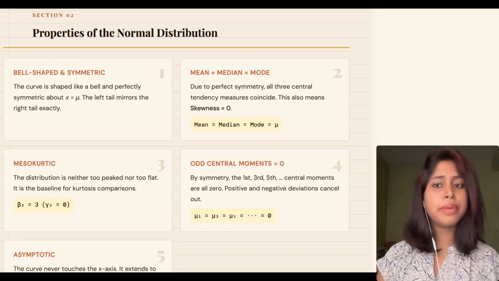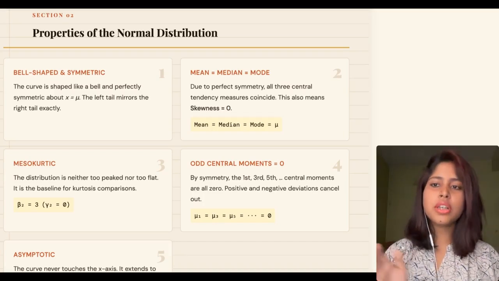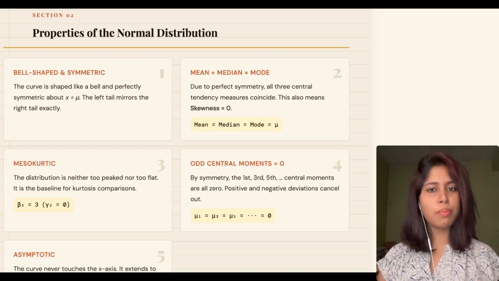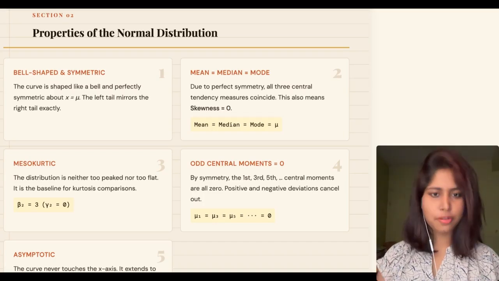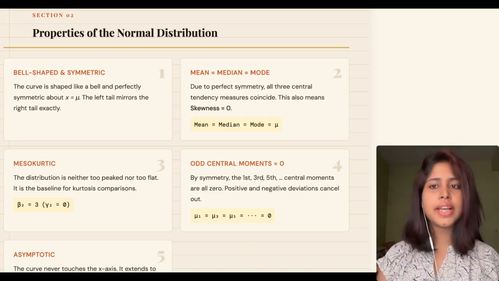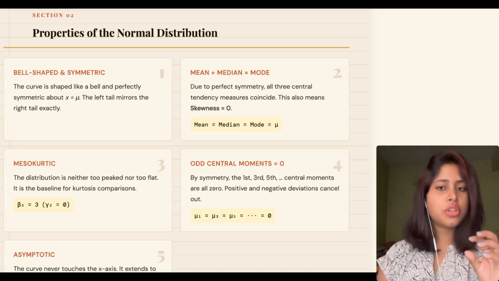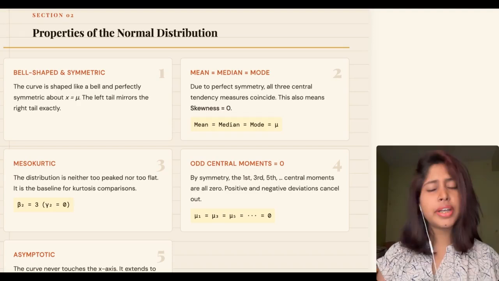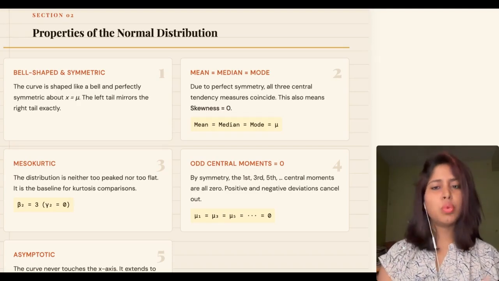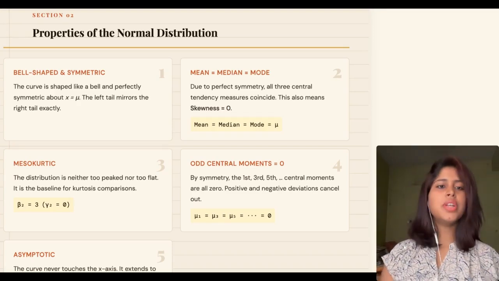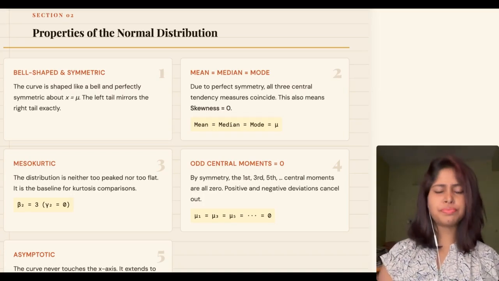What does symmetric mean here? It means if you fold the curve along the line x equals to mu, both halves match perfectly. Okay, that left tail is a mirror image of the right tail. Just that. This is not just a visual property, it has very deep mathematical consequences, which we will see in the next properties.